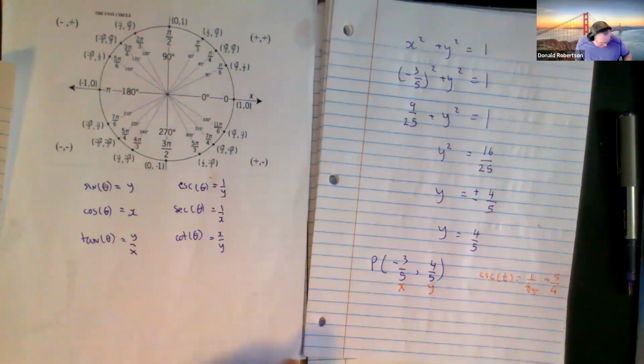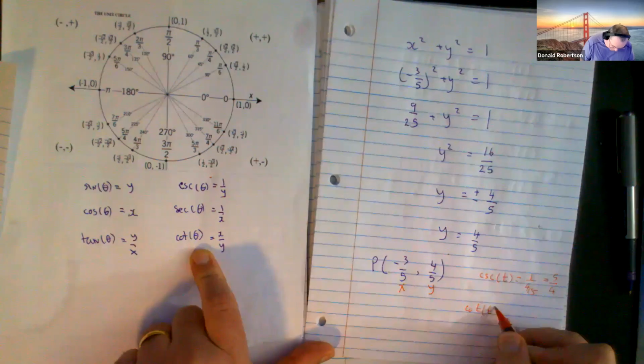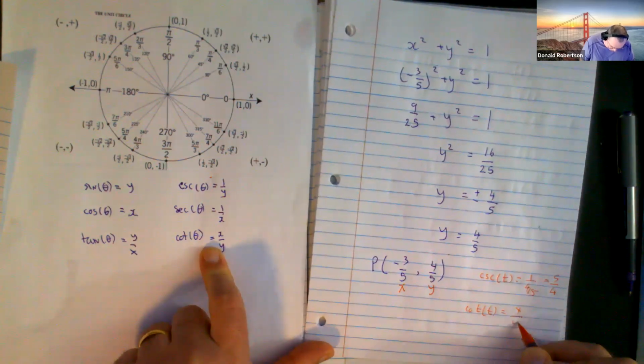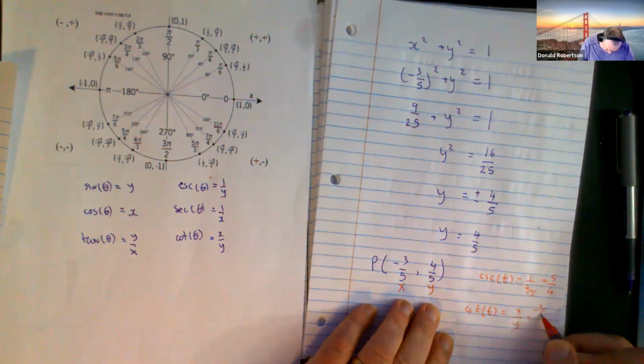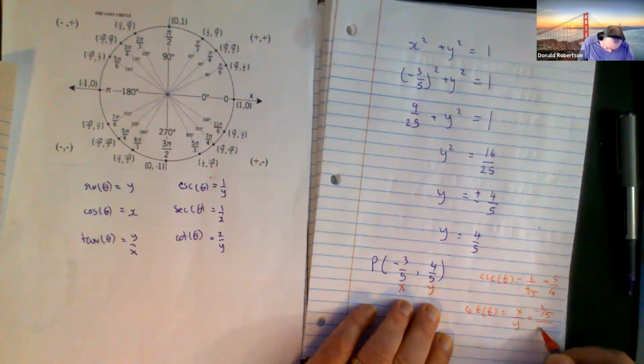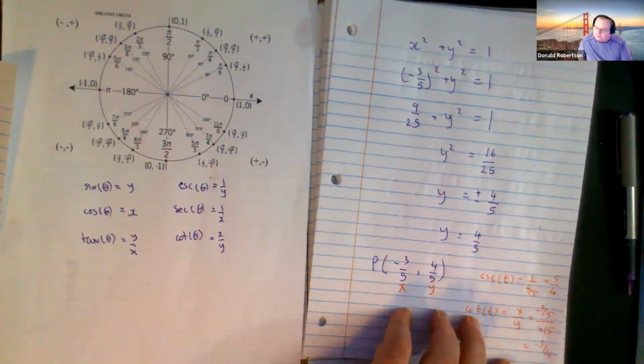There's the answer to that one. Do you want to know what the cotangent is? The cotangent is the x over the y. It's negative 3/5 over 4/5. The 5's cancel, and there's your answer.